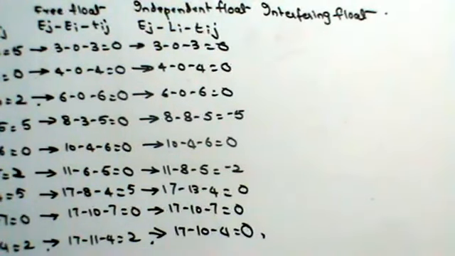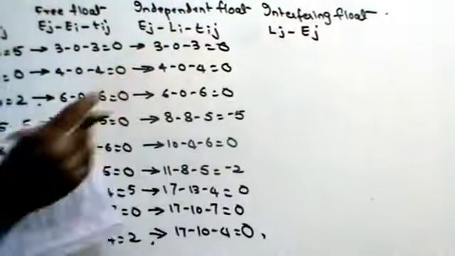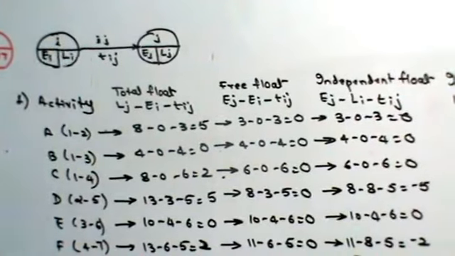It is the amount of time by which the earliest possible start of subsequent activity will be delayed if the activity ij finishes on latest finish time. So by how much time will the subsequent activity be delayed? That is called interfering float. It is given by Lj minus Ej.